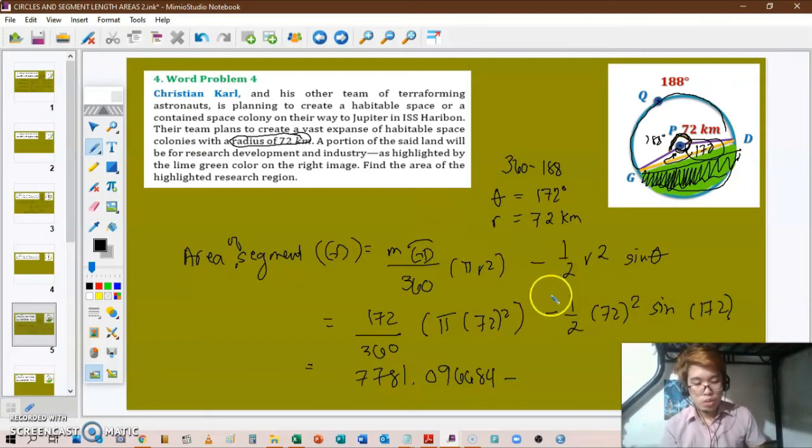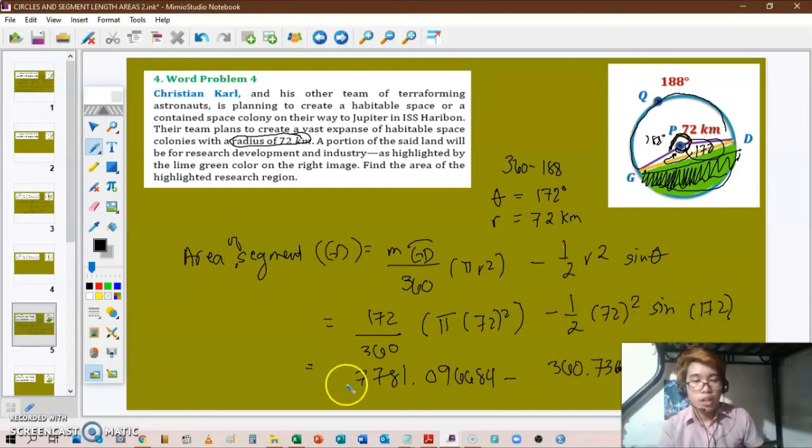So that's going to give us 360.73667. Okay. So we have to minus 7,781.096684 from the area of the triangle that we have here, a small triangle.